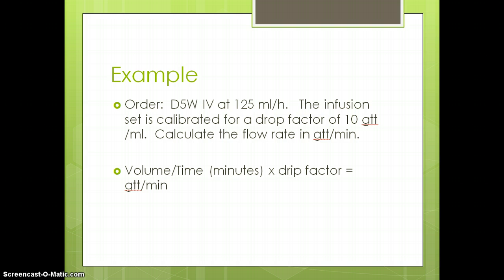All right, here's an example of D5W going at 125 milliliters an hour. And the drop factor on the package says 10. So we want to calculate drips per minute. And I put down the formula again. So the volume over time in minutes times the drip factor.